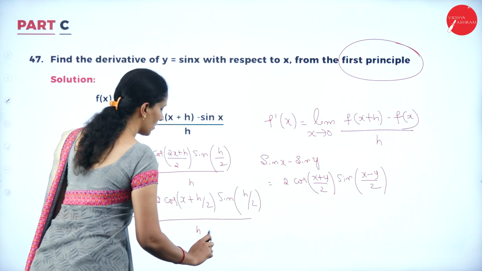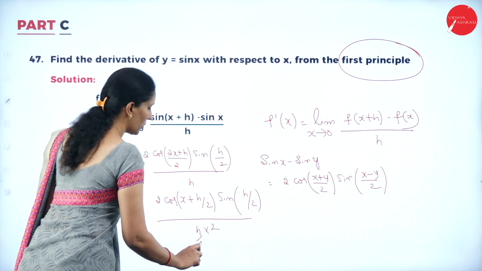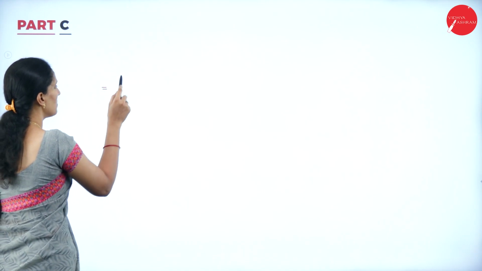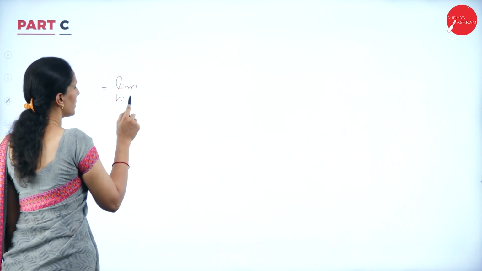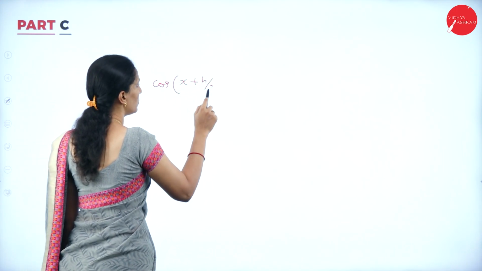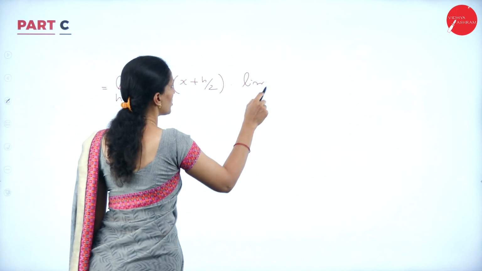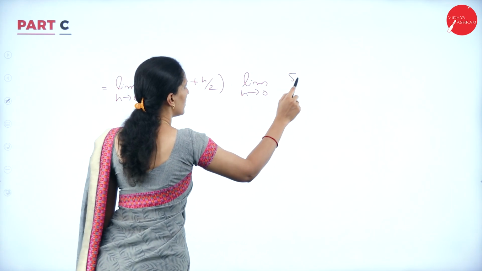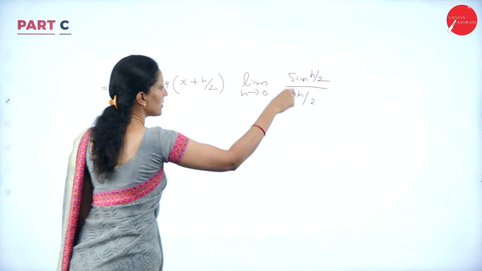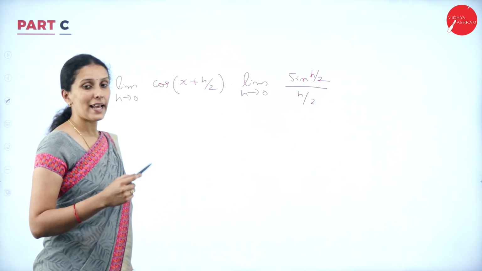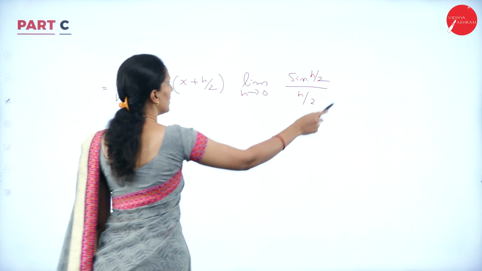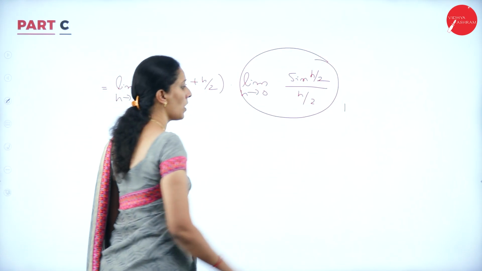divided by h. Multiply and divide by 2 here, so the 2 gets cancelled. Now apply the limit. Here it becomes limit h tends to 0 of cos of (x plus h by 2), and limit h tends to 0 of sin of h by 2 over h by 2. This is the standard form, limit x tends to 0 of sin x by x, whose value is 1. Hence, this whole term will become 1.